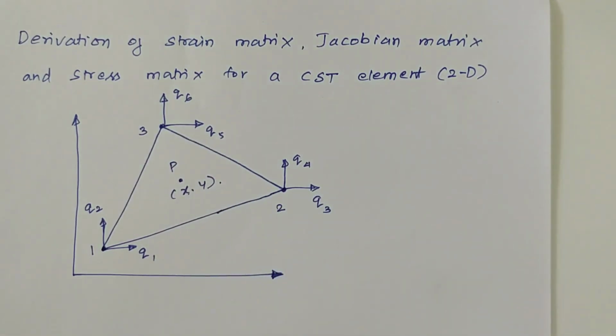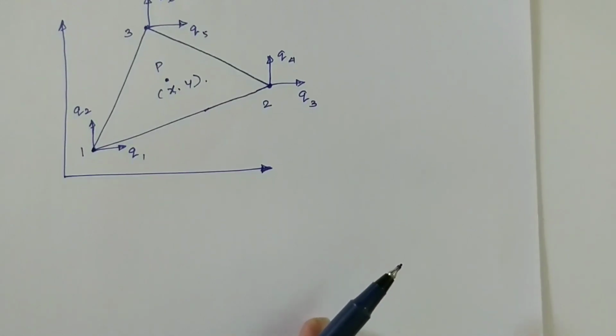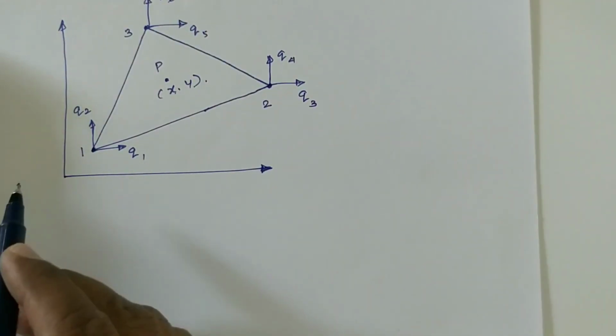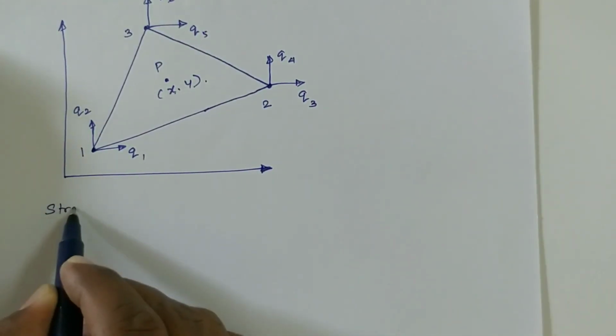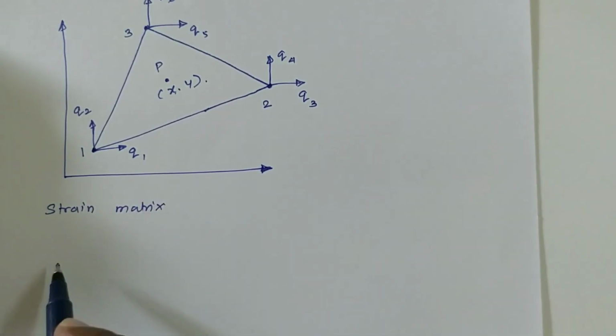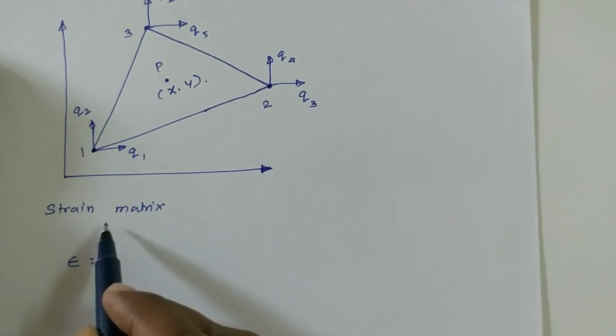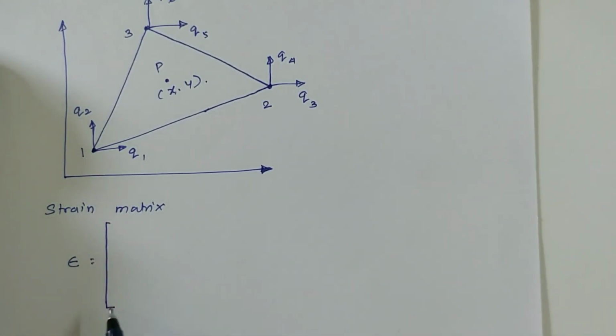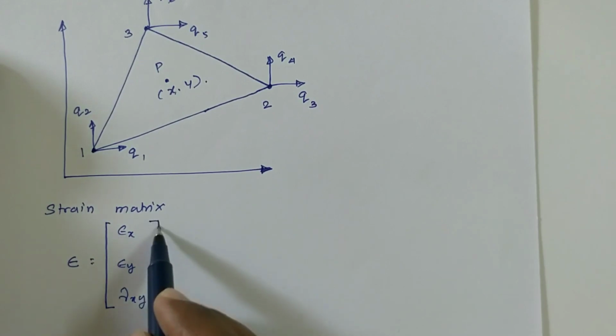In order to start with, initially I'll consider the strain matrix. Strain matrix epsilon can be written as, for a two-dimensional element, epsilon x, epsilon y, and gamma xy.